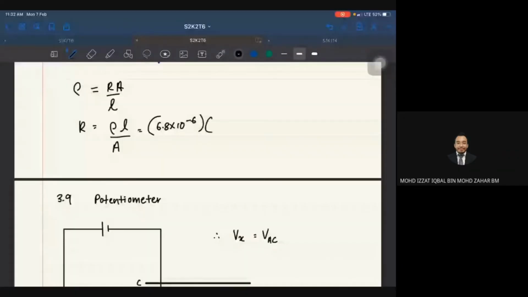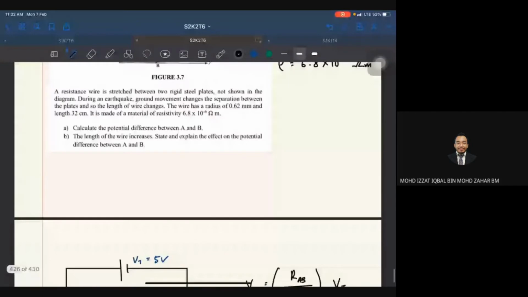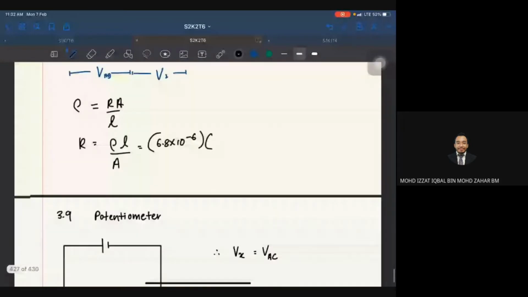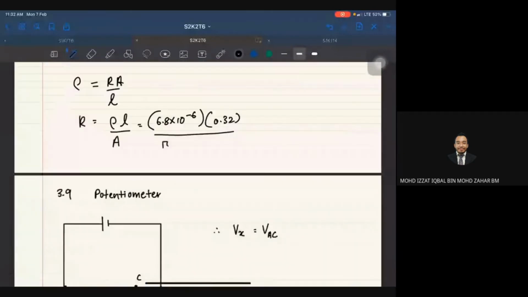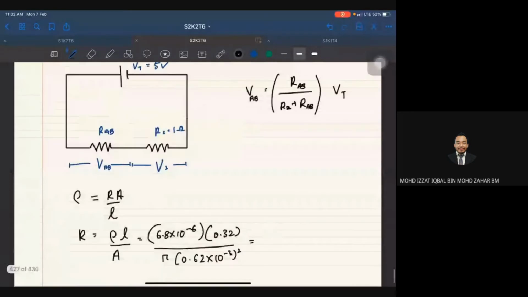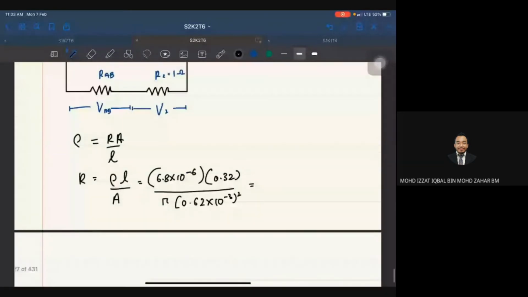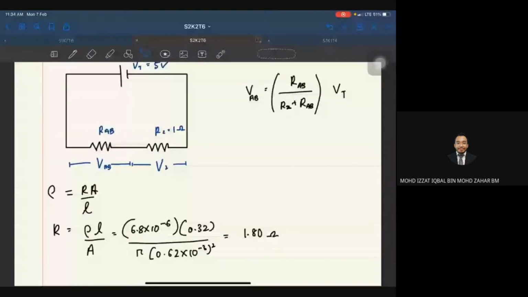And if you press your calculator, I got here is 1.80. And this one is resistance, so in ohm. Okay, now you already have the values for RAB. Okay, this is the value for RAB.